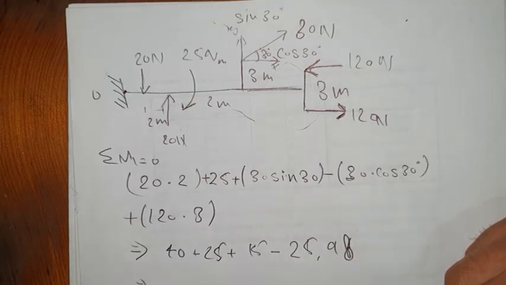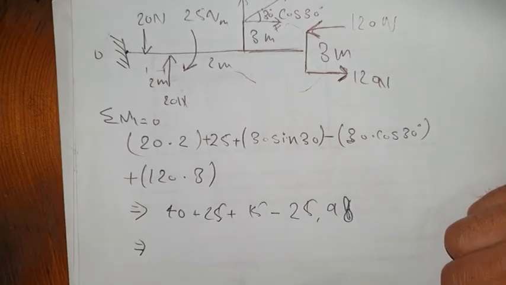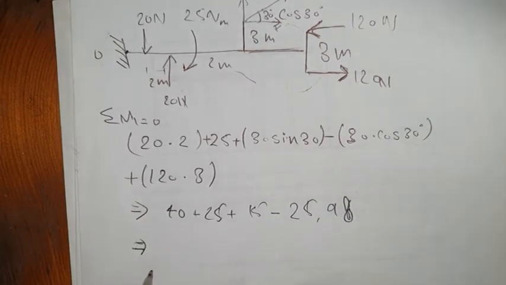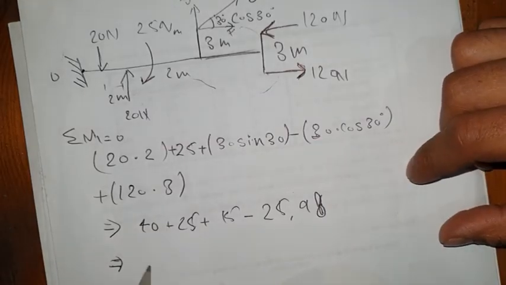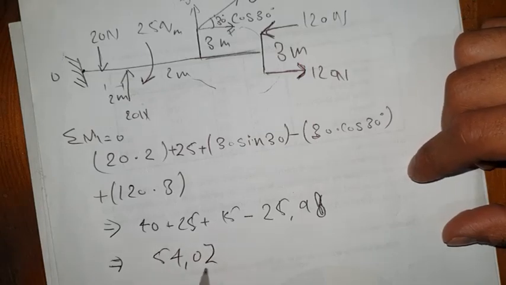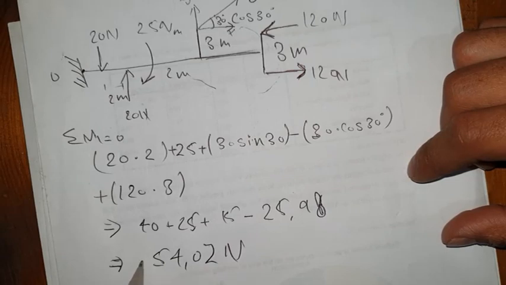Now when we add all these things, we will finally get 54.02 newtons. It's positive, it means this is counterclockwise.